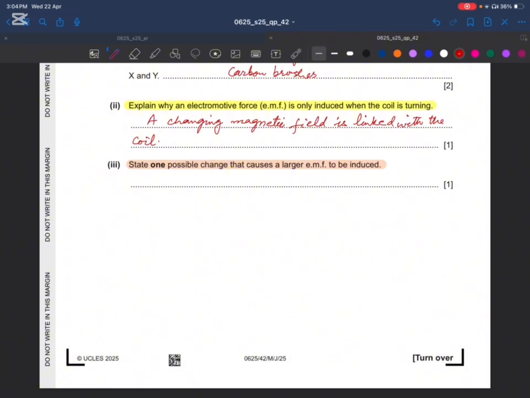In this case, you can write any one of these possibilities. So the one possibility is simply you can write here, use a stronger magnetic field. That's it.